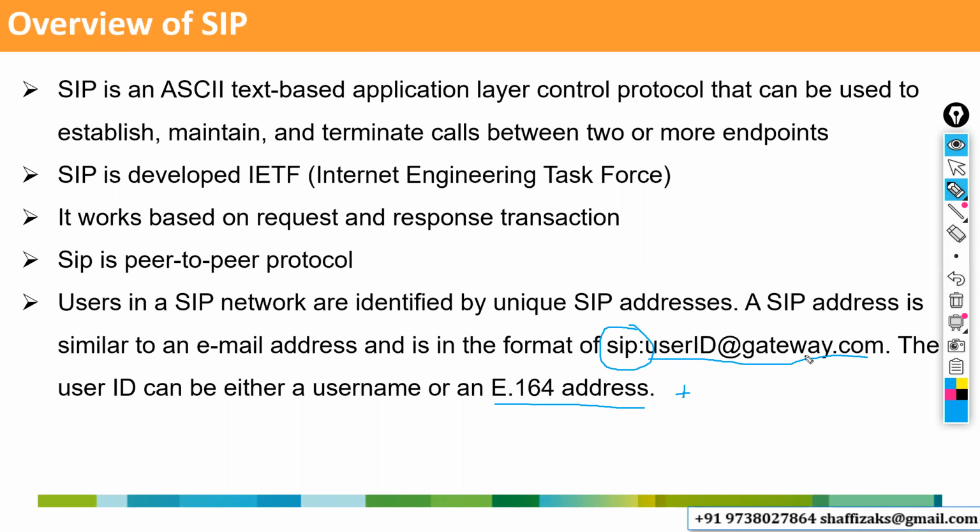Either it comes as a domain name or it comes with the IP address. But generally, for example, plus 919738027864 at the domain name, whatever domain name you have. That's how it will come. Later we'll look into that when we configure. I'll show you some debug commands, and the debug when we verify that, so the call flows and everything.